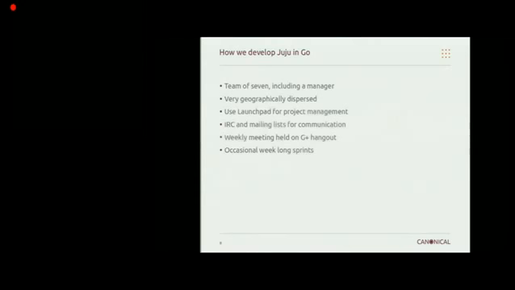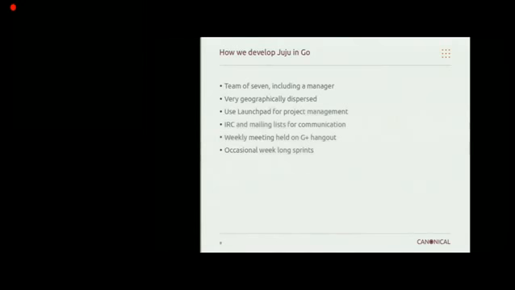So a little bit about how we develop. We have a team of seven: one manager, and six people distributed across the planet. Myself in Sydney, our boss who's in Ann Arbor, Michigan, Aaron who lives in Romania. We've got two guys in the UK. We're distributed all around the world. So we use Launchpad for project management, managing our releases, managing our bugs.